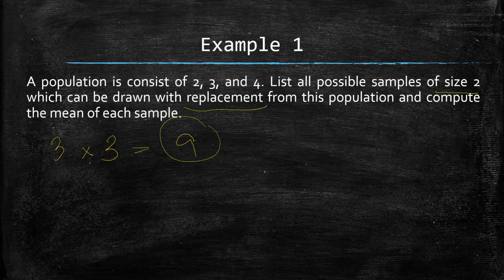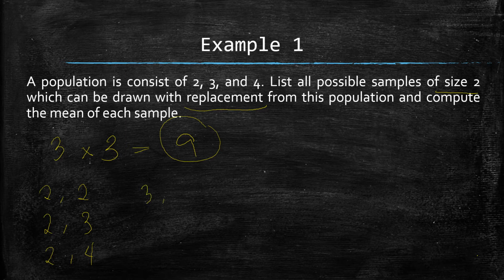To check if we are correct, we're going to list all the possible samples. Let's start with 2. We can have 2 and 2, 2 and 3, 2 and 4. There's no other pair for 2, so we're going to go with 3.